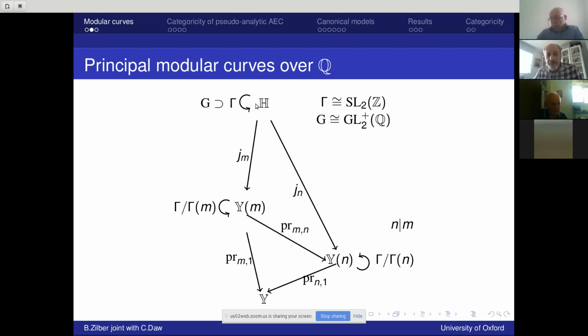On H, in fact, you have this Möbius action of GL2(R) with positive determinants, but the one that can be traced in the algebro-geometric context is the GL2+(Q) action on the upper half plane.